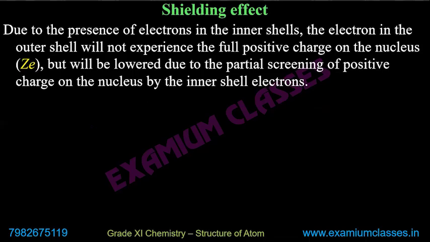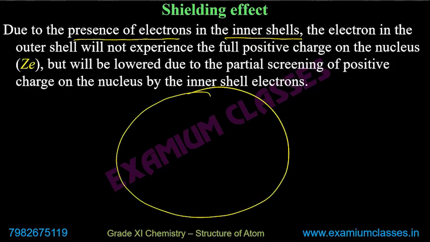Then next topic, shielding effect. And more about shielding effect I will be talking about in the periodic table. But for now, just an idea about shielding effect. Due to presence of electrons in the inner shells, this is the atom. And say this is one shell, imaginary shell, n equals 1. There is no physical boundary line.